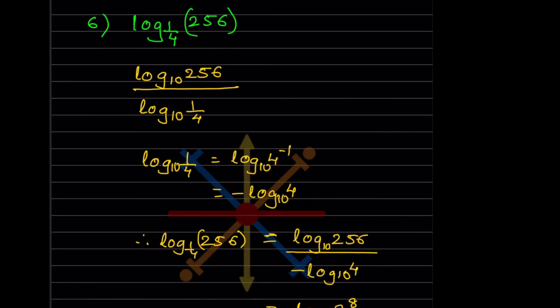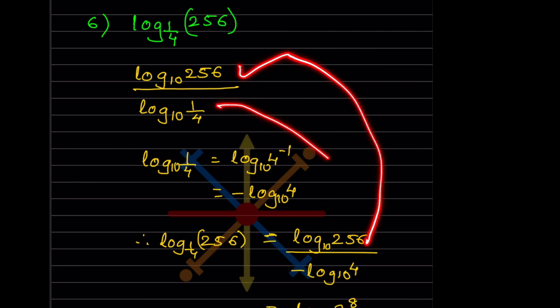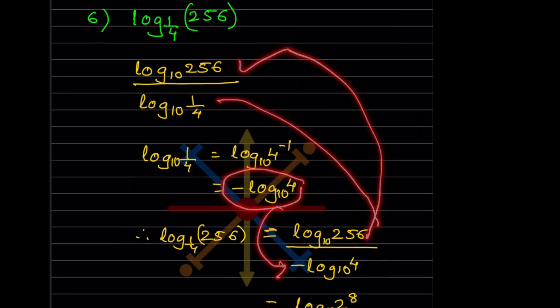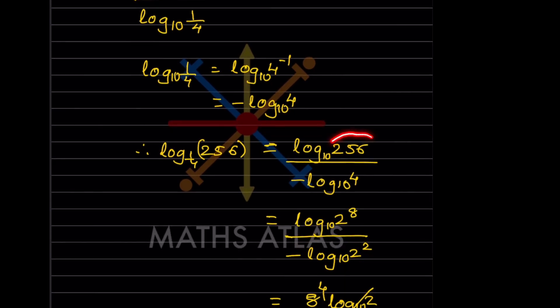So now log of 256 to the base 10 is as it is, and for the other one we have simplified it to minus log of 4 to the base 10. So this is what is here. Now what will you do? 256, when you factorize it, you get 2 raised to 8.